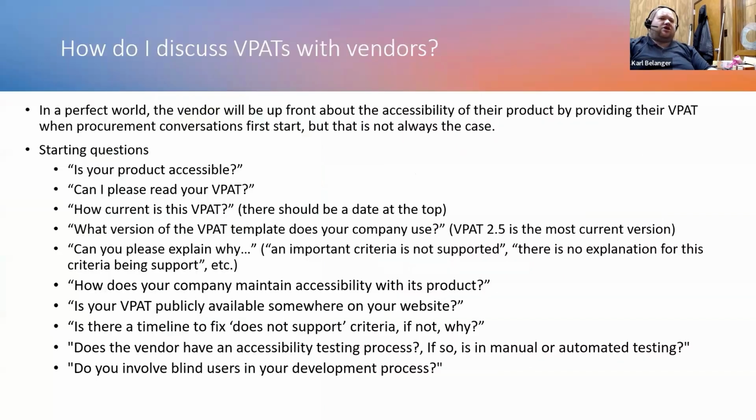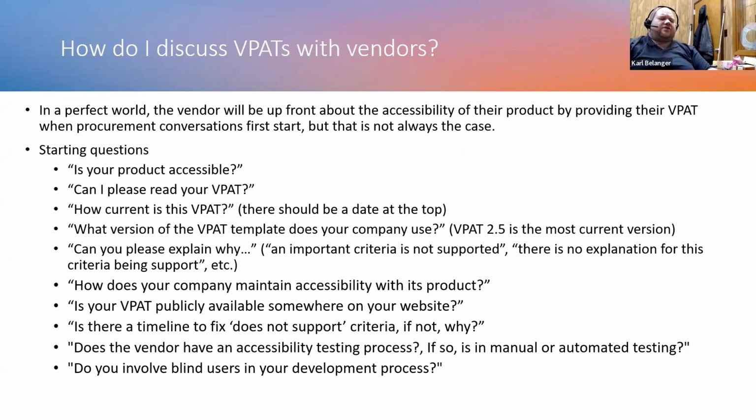All right, how do I discuss VPATs with vendors? In a perfect world, they'll be upfront and discuss it right away with you and make it clear, but that's not always the case. You can use some questions to start out. Is your product accessible? Can I please read your VPAT? How current is the VPAT? If there's not a date at the top, there should be.